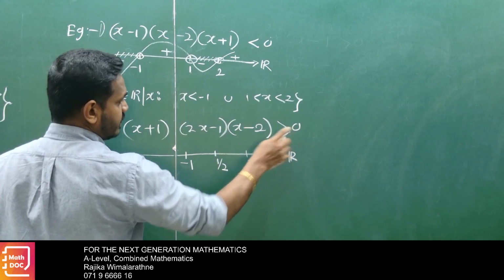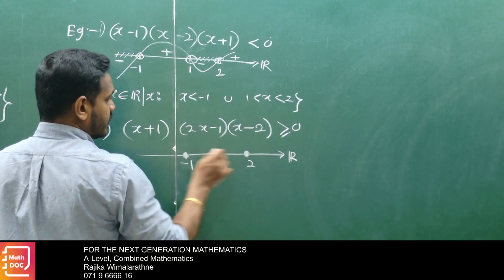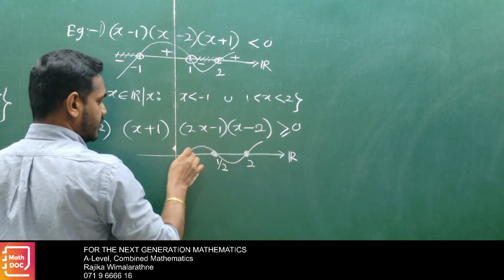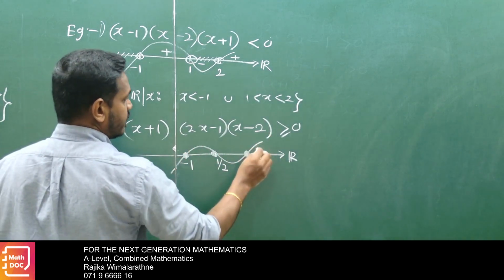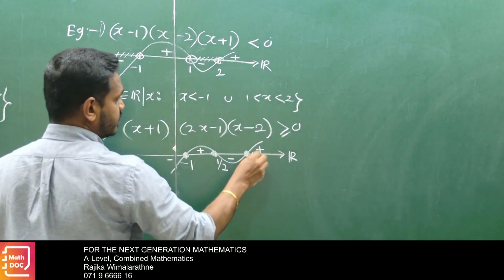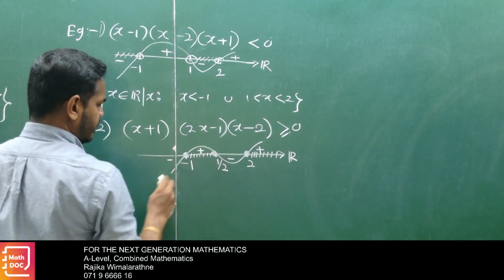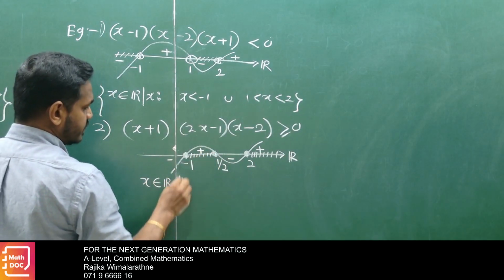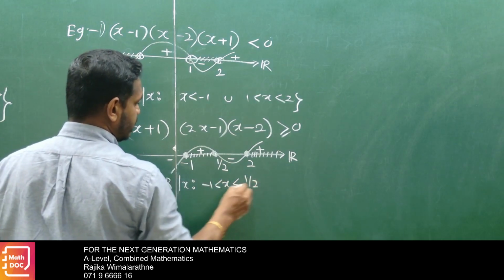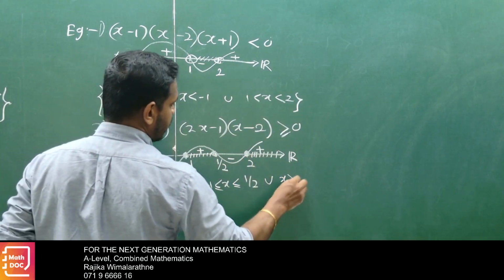We have equality here, so you shade these points. Then from the right hand upper corner, start sketching the graph. Here positive, negative, positive, negative. We need the positive regions here and here. Then the final answer: x element of real set such that x in between minus 1 to half with equality, union, two different regions, then x greater than or equal to 2.